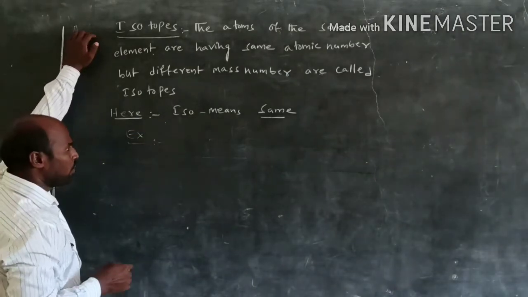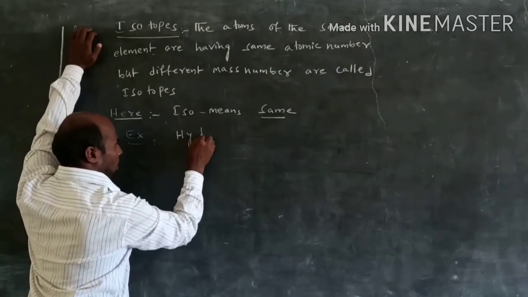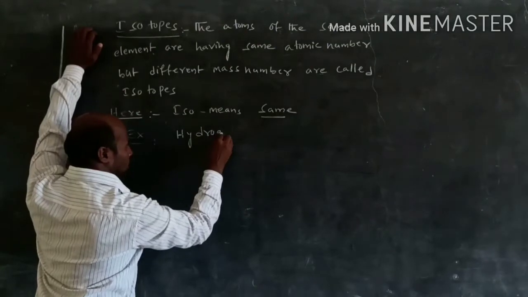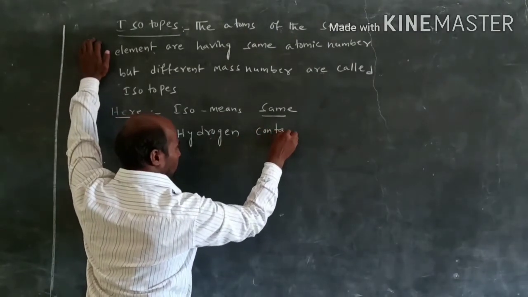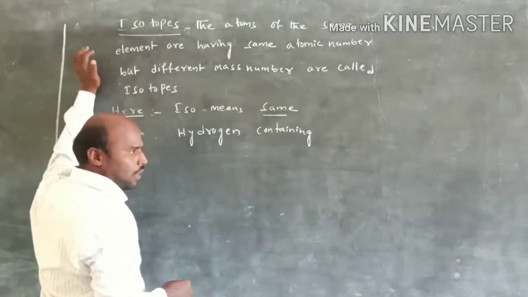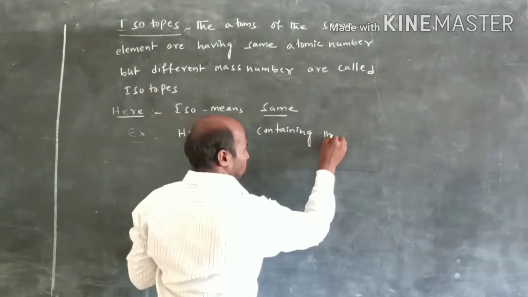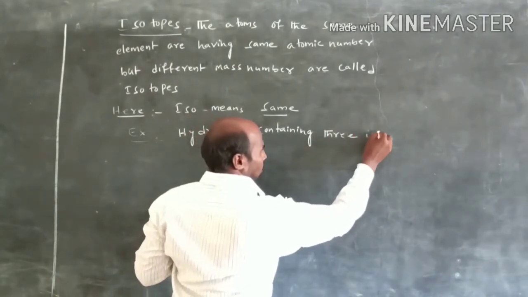Here hydrogen contains 3 isotopes. Hydrogen containing how many isotopes? 3 isotopes.